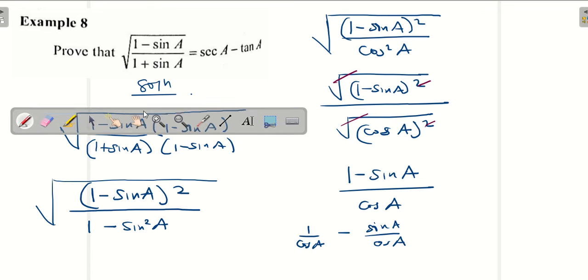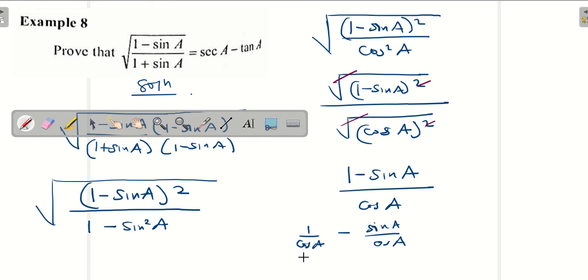So 1 over cos A is the same as sec A. Then minus sine A over cos A. We just studied that sine over cos is tan. So we have tan A. And that is exactly what we have here. So the solution is sec A minus tan A.